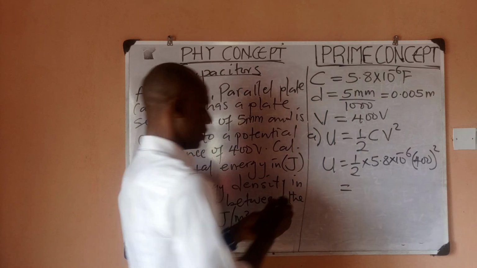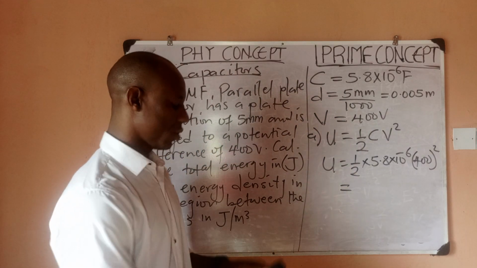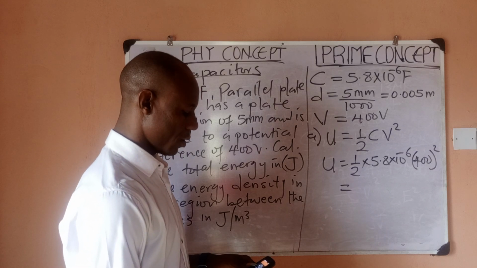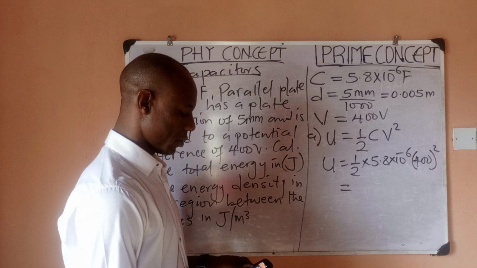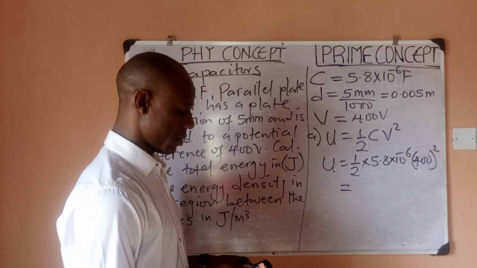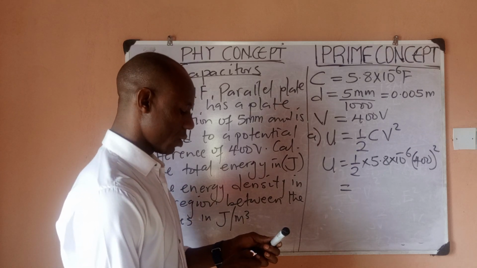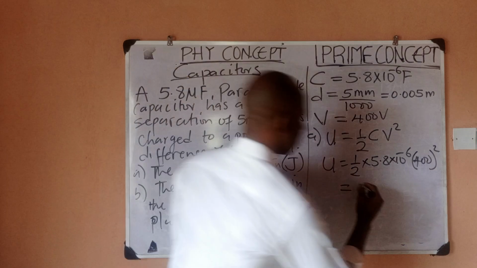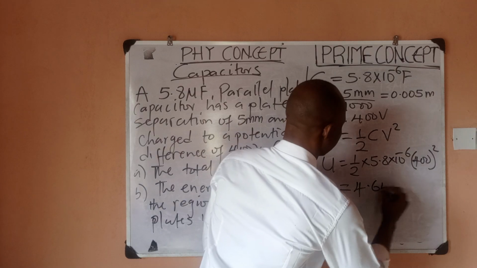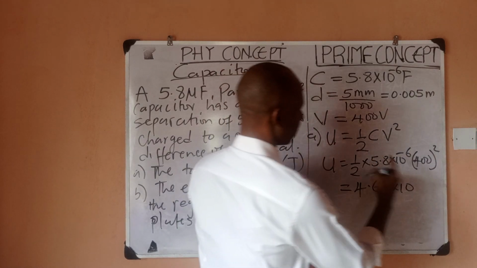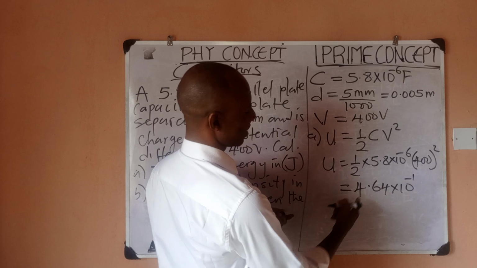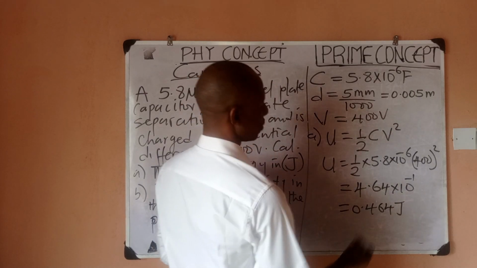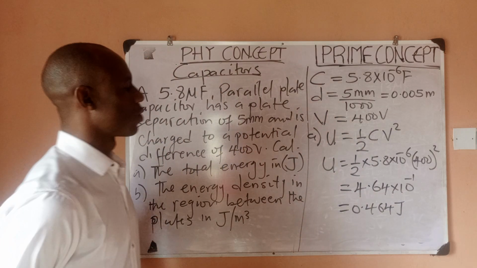If we solve this, let me quickly punch this: 5.8 times 400 times 400, divided by 2. So I have 4.64 times 10 to the power minus 1, which I can simply say is 0.464 joules. So this is my answer, and this is the first question we have to answer.